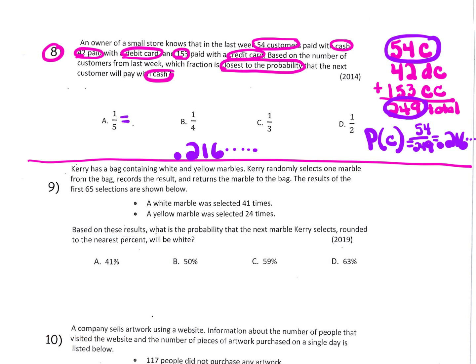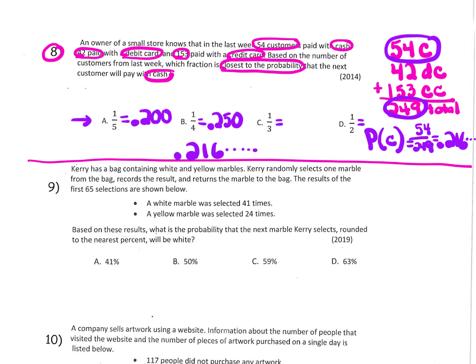So again, grab your calculator and convert all these fractions to their decimal equivalents. Let's start with letter A. 1 divided by 5 gives you 0.2, and we can even add a 0 or 2 if needed for comparison. That seems pretty close, but let's try the next one. 1 divided by 4 gives us 0.25, and you may add a 0 for comparison's sake.